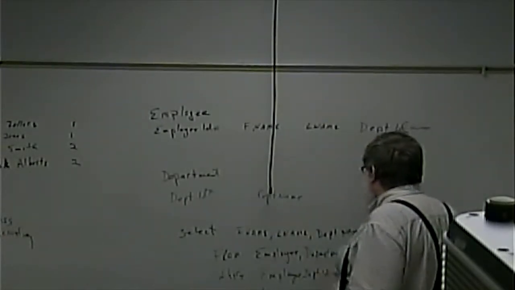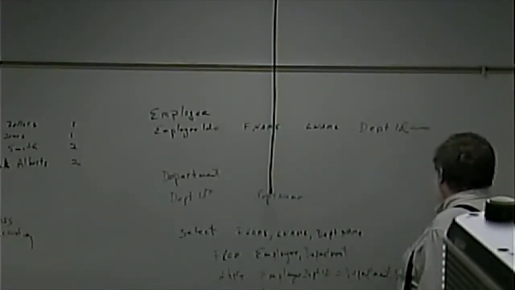So an alternate way of writing this would be employee dot F name, employee dot L name, and department dot department name. And that's fine too. So would you have to write that in the select and the order by?